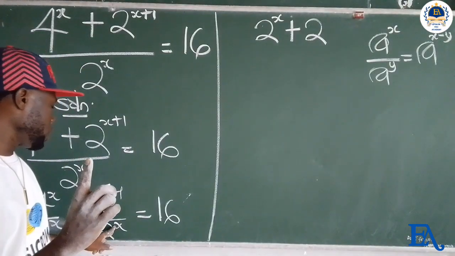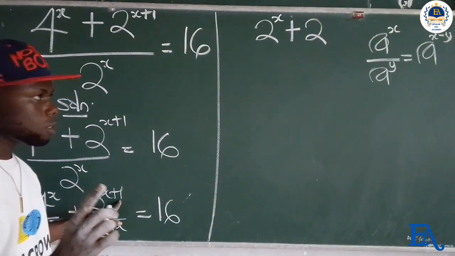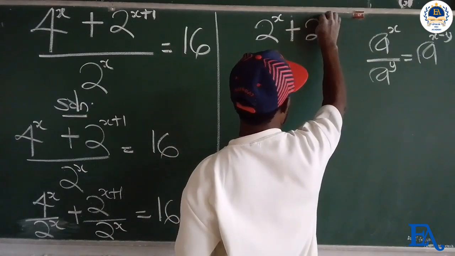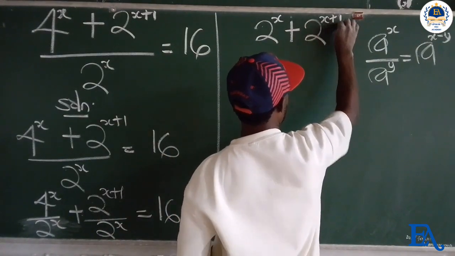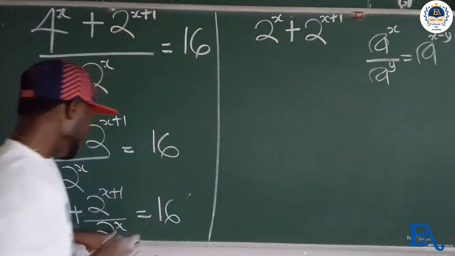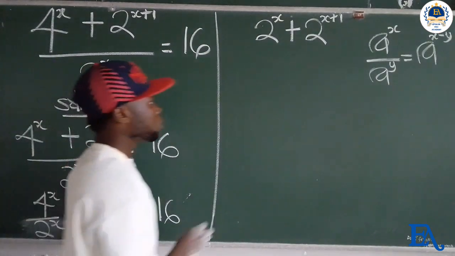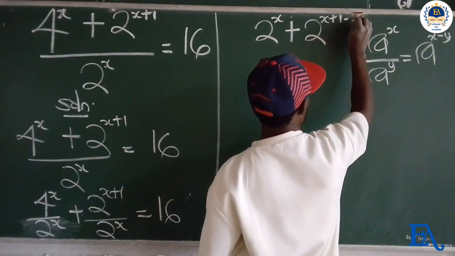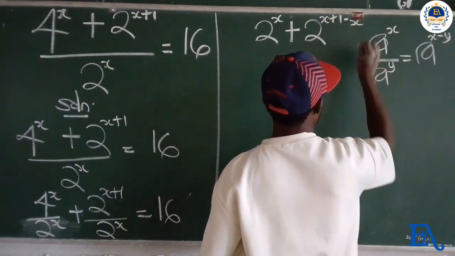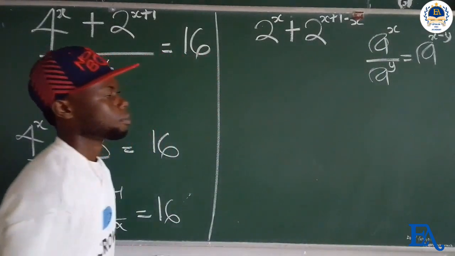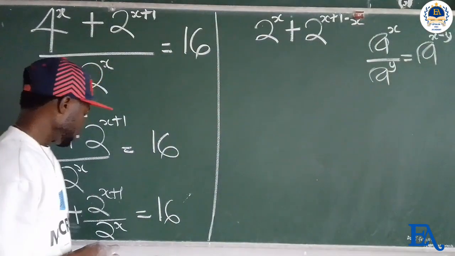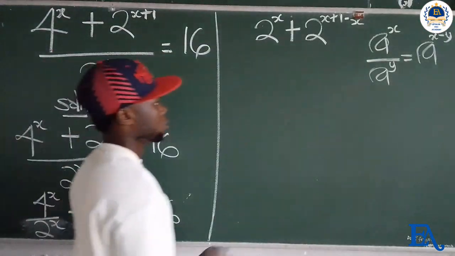And the index of the numerator is x plus 1. So we have over here x plus 1, while the index of the denominator is just x. So that becomes minus x, equal to 16.